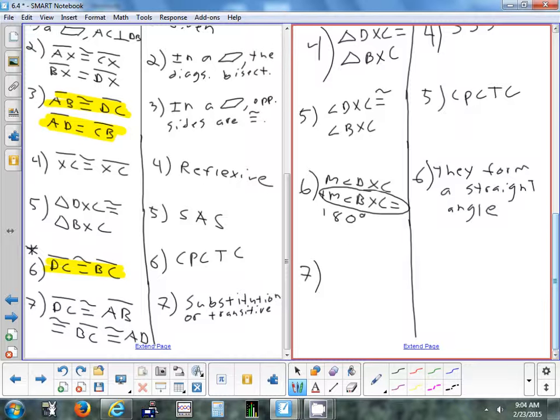So I'm going to change BXC to DXC, because of statement 5. That's substitution. So the measure of DXC plus, now don't put BXC, put what it's equal to, DXC, equals 180. Okay, that was substitution.